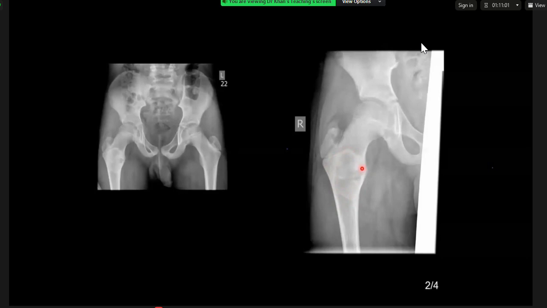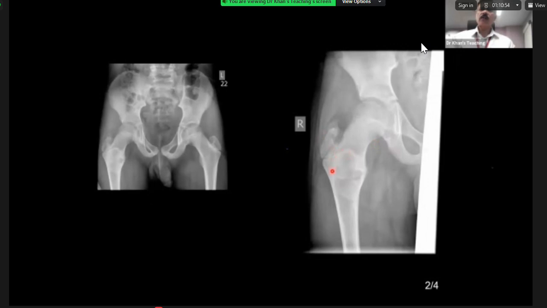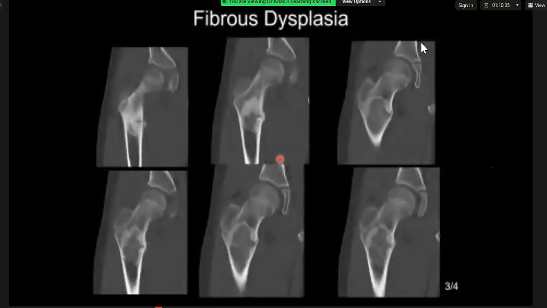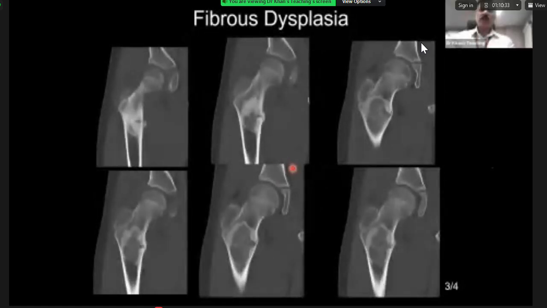findings is this sclerotic rim around the lesion. If you look at CT, this is very good for learning what is happening inside.